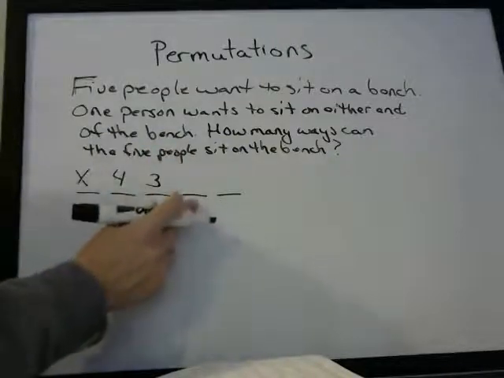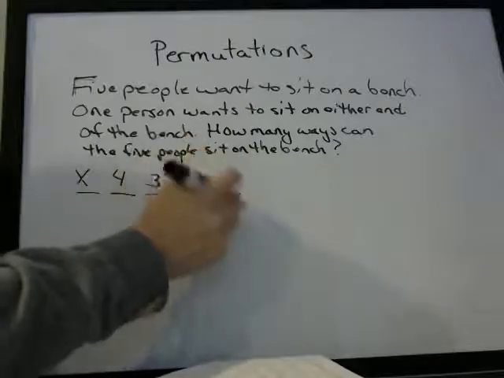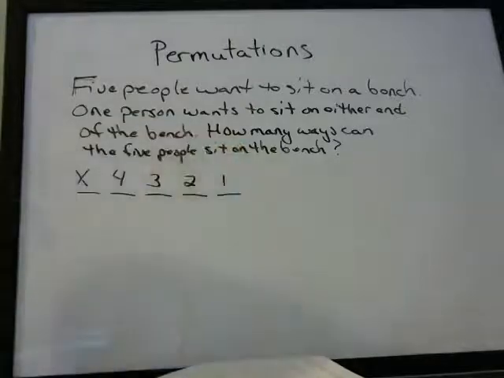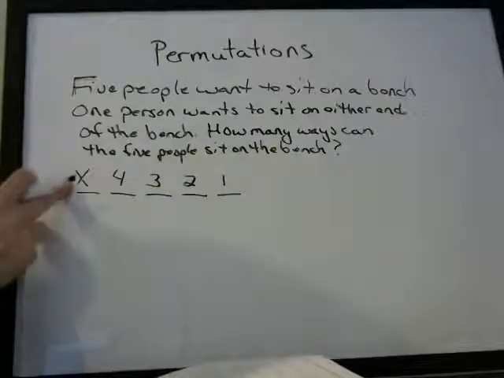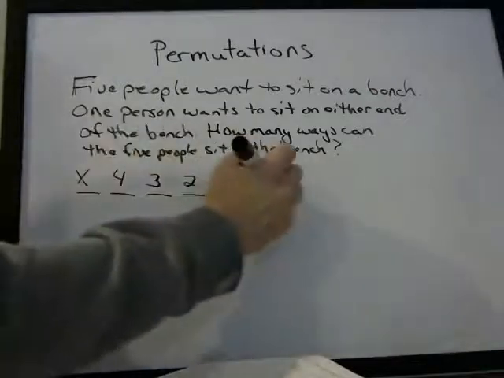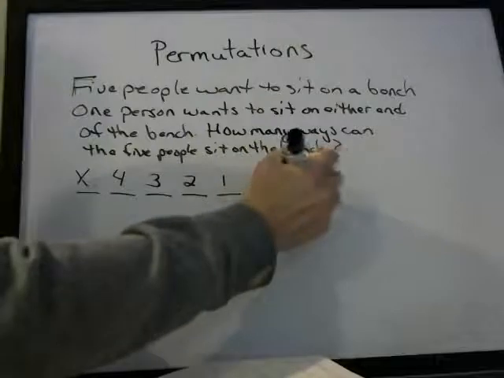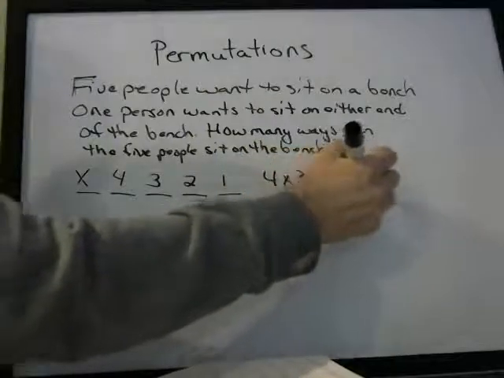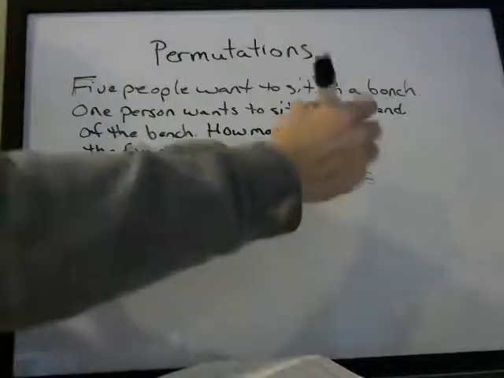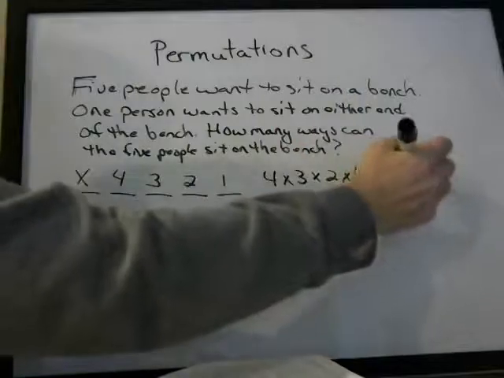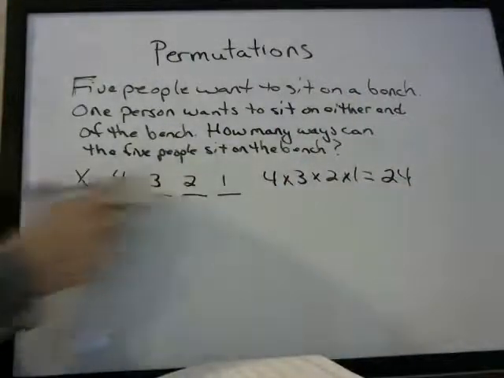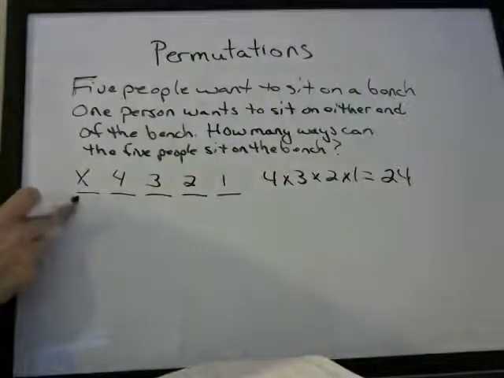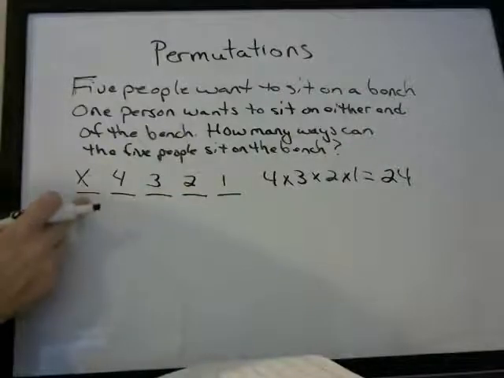How many choices are there for this spot? There's only 2, and then there's only 1 person standing, so he has to sit there. So, in this scenario, there's 4 times 3 times 2 times 1 equals 24. There's 24 ways that the people can sit on this bench because this guy is fixed.